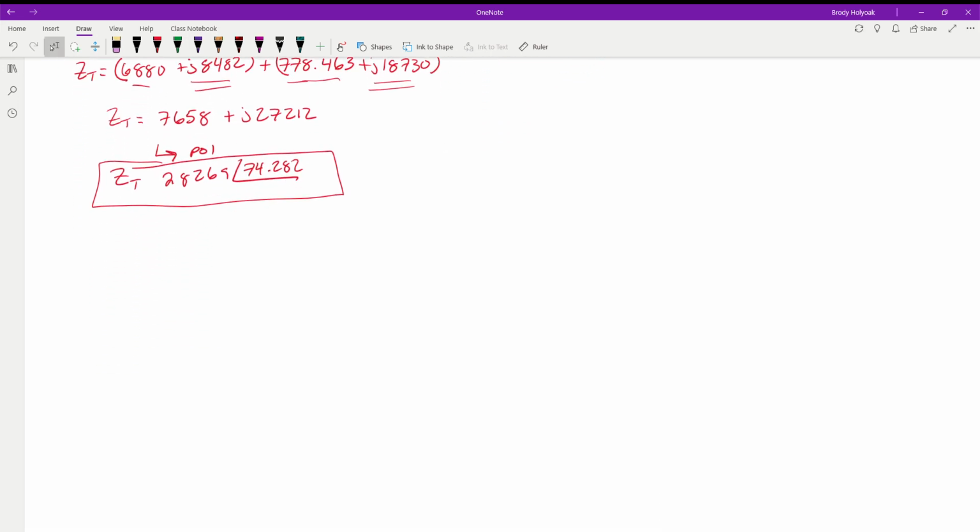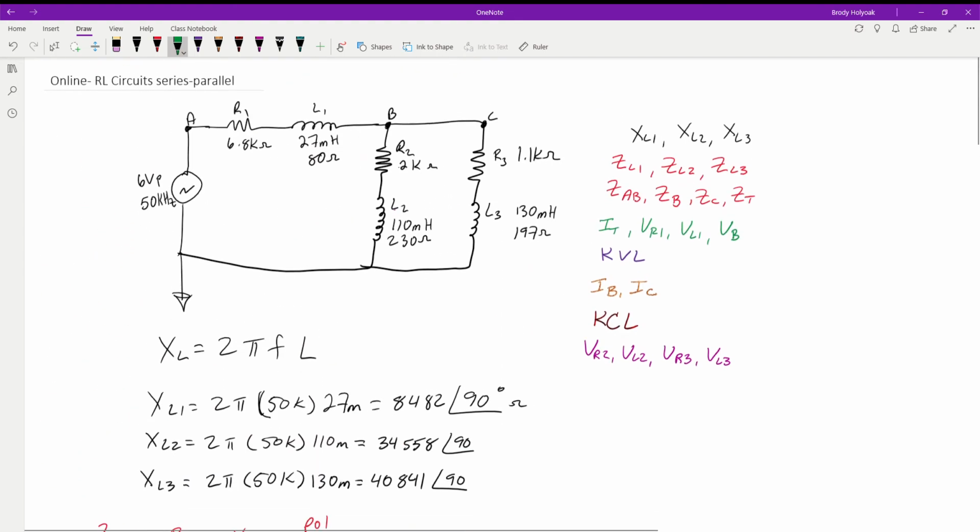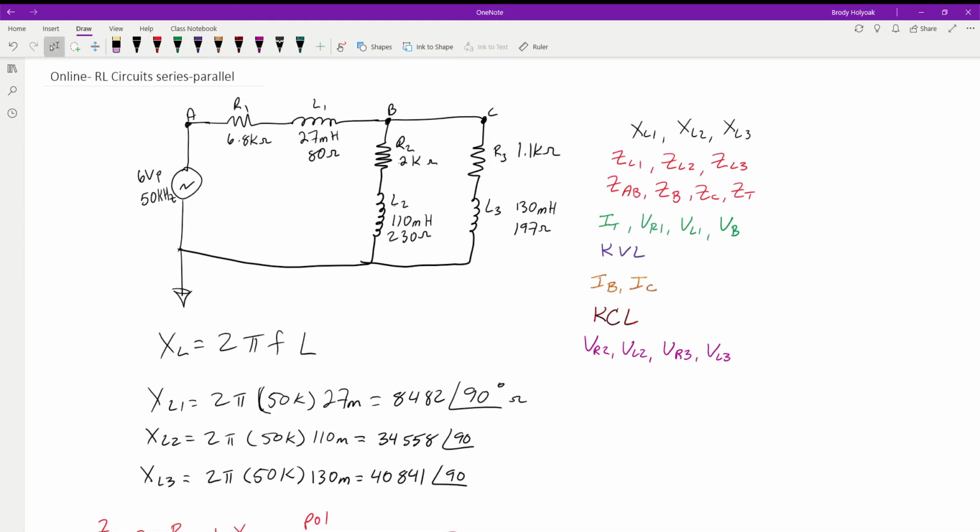After we have our impedance total, we can calculate how much current we have flowing through the circuit. The amount of current flowing through the circuit is equal to the voltage total divided by the impedance total. If we go back and look, we have 6 volts that we're starting with.